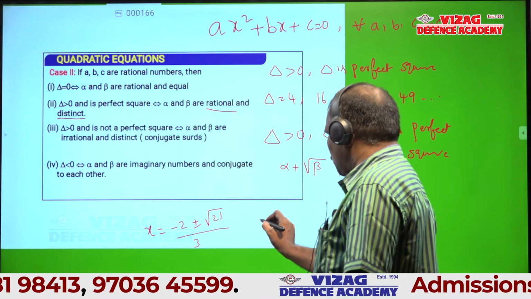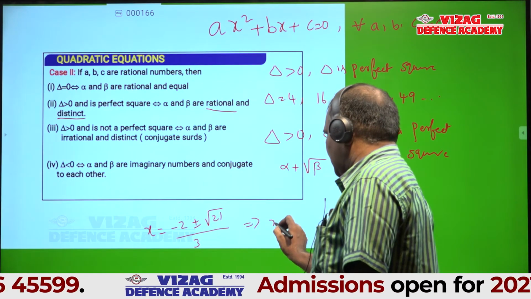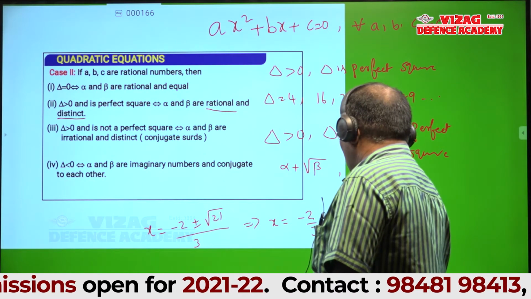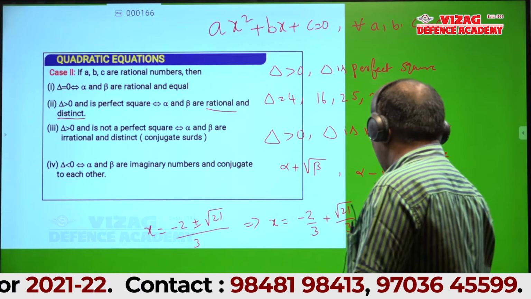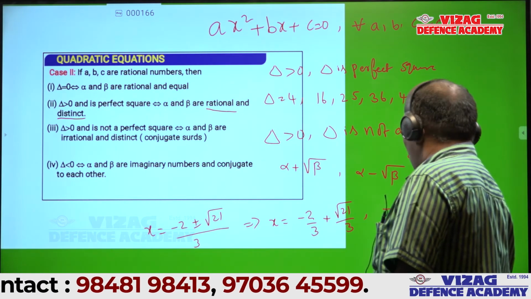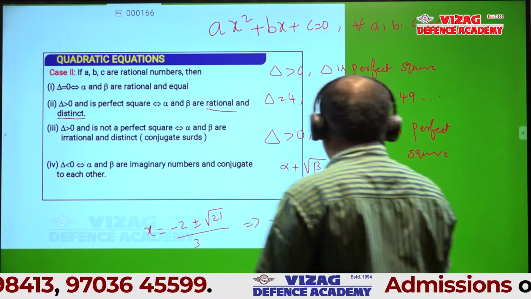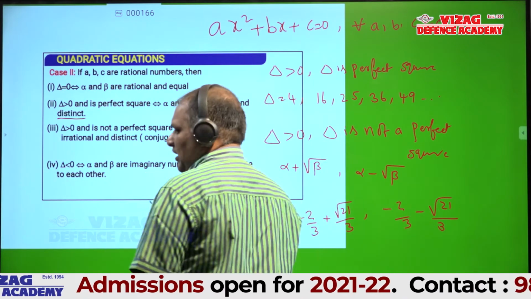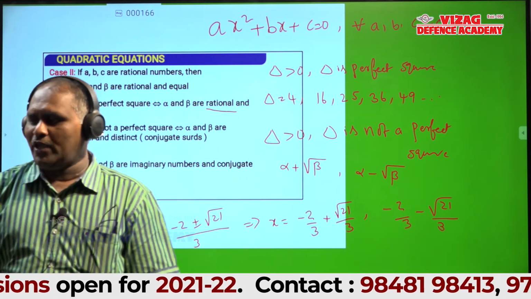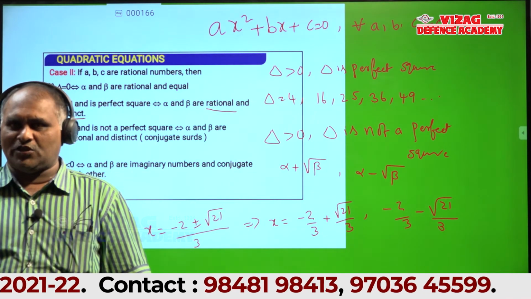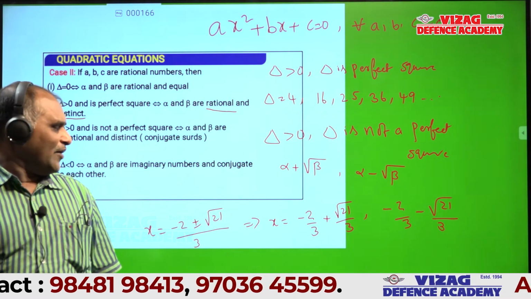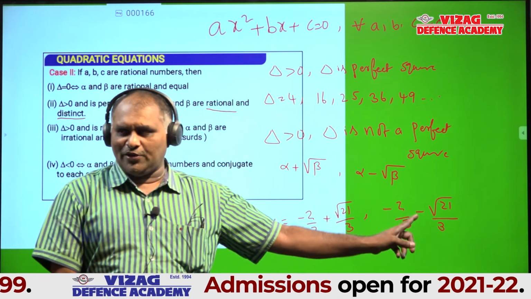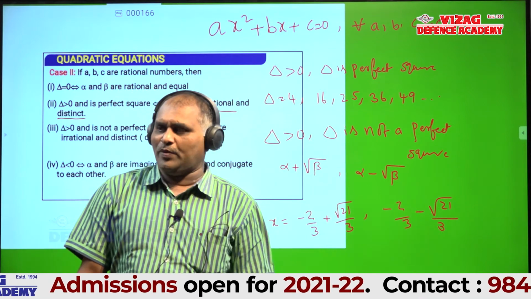What are the two roots? x is equal to minus 2 by 3 plus root 21 by 3 is one root, and another root is minus 2 by 3 minus root 21 by 3. By observation, one value is of the form alpha plus root beta, another alpha minus root beta.